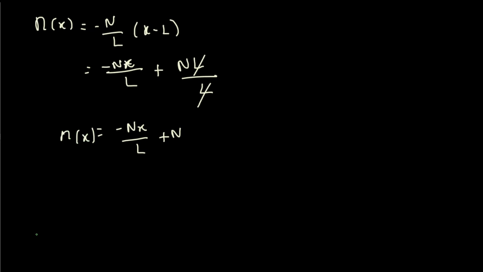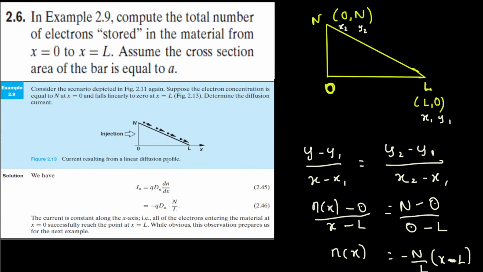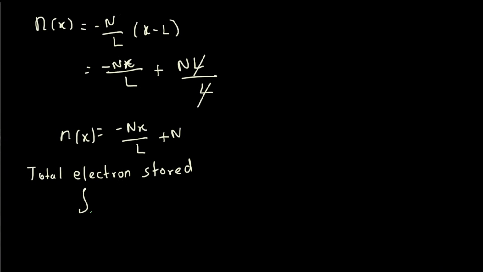Now using this we can find out the total electrons stored. What we do is we integrate with respect to the distance, that is 0 to L in this case, the area times n of x, the y value, that's n of x in our case, we integrate this with respect to x.